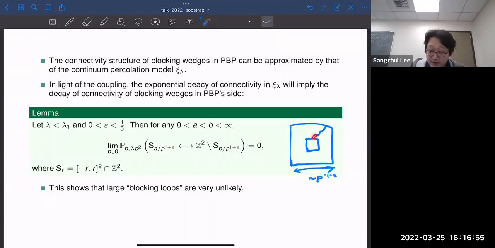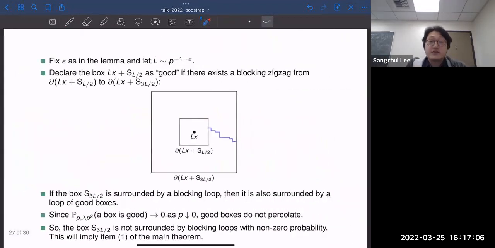So at least it is hard to discover a blocking zigzag of this scale. Now, how might we use this observation to show that the infinite occupied cluster can be discovered?